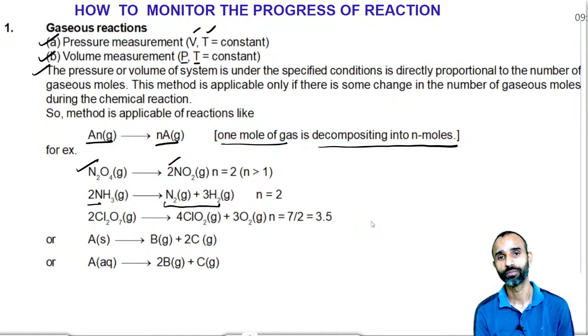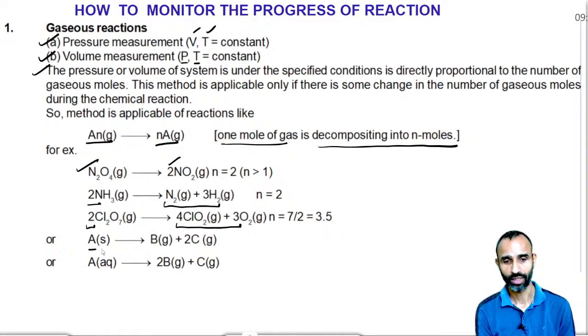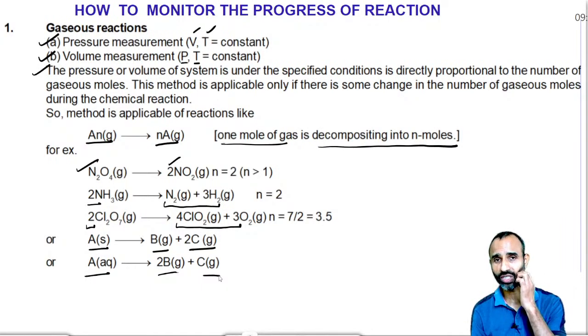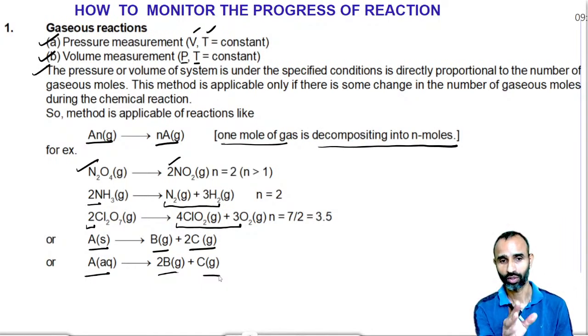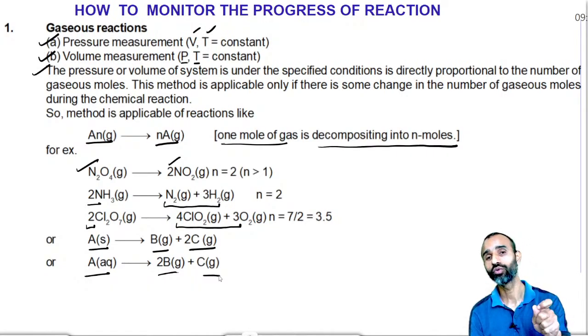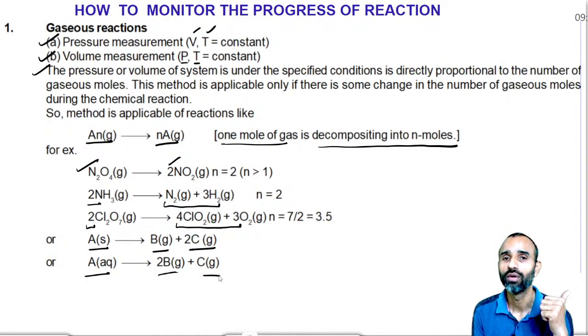In this way, A solid to B gas plus 2C gas, or A aqueous to give 2B gas plus C gas. If reactions are like this, we can measure either pressure or volume, and by making use of those pressures or volumes, we can calculate the rate constant.